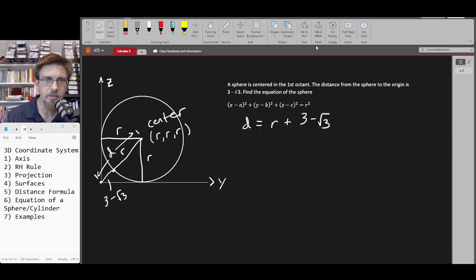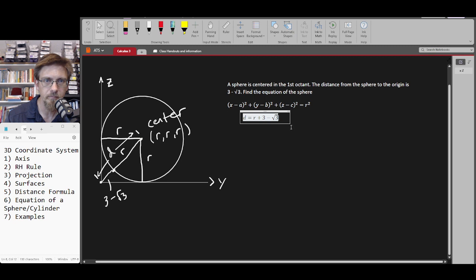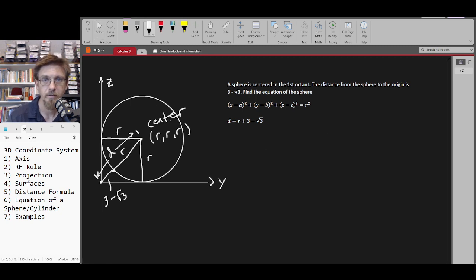What else do I know? Well, there's a distance formula that we can use from the origin to the center. And if we do that, we get another equation for d. And so let's take a look at that. So d is equal to the square root of, well, it's just the distance from each component in the center and each component in the origin, the differences of those squared.